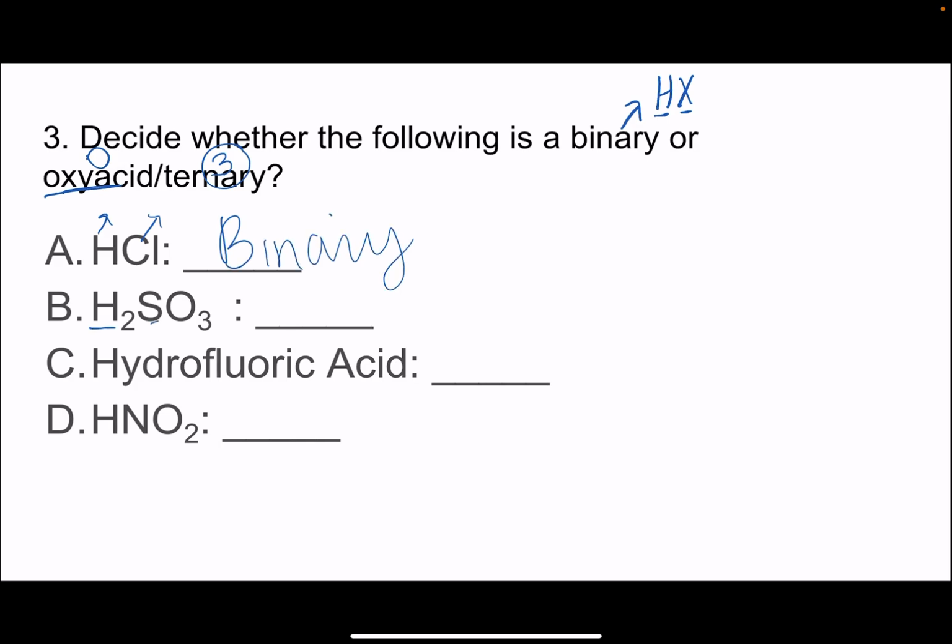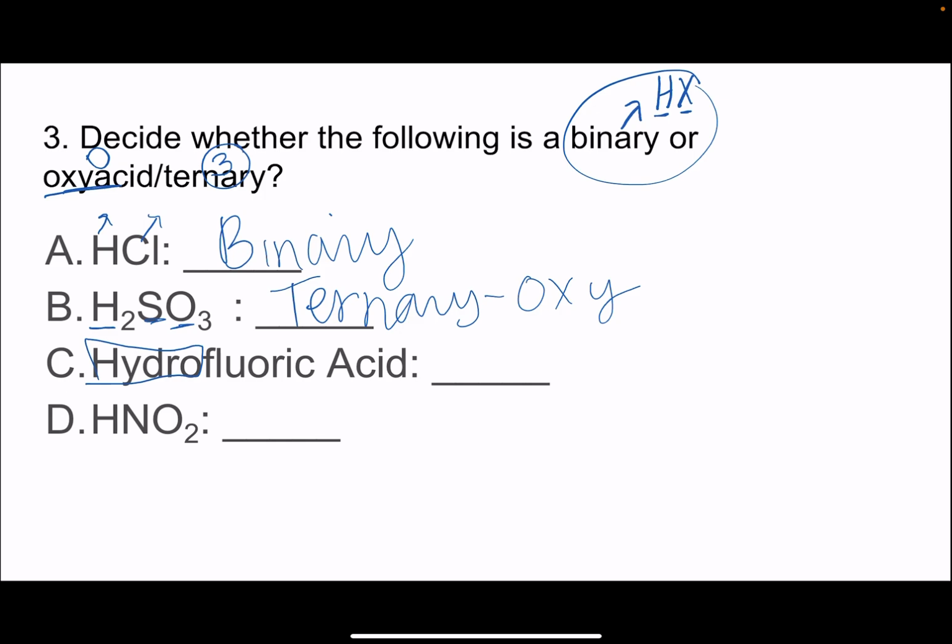We have 1, 2, and 3 elements, so this one's going to be ternary, or we could say that it's an oxy acid. Hydro gives us a big clue. Binary was the one that had the hydro prefix, so we'll see that one's a binary. And then our last one, we have 1 element, 2 element, 3 element. We're going to see that that is our oxy or ternary.